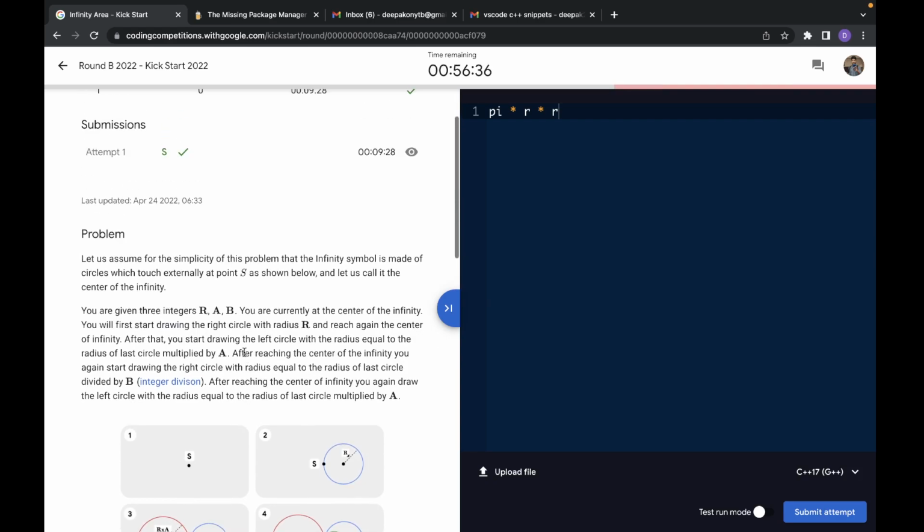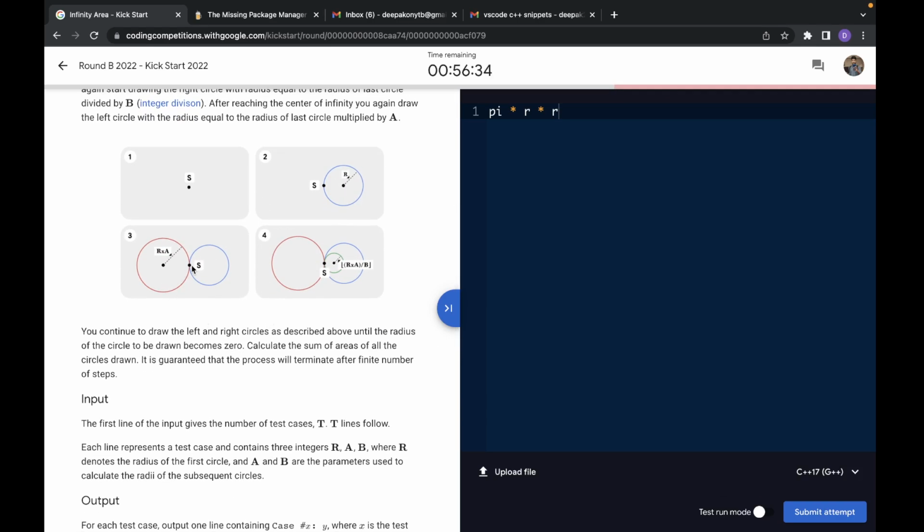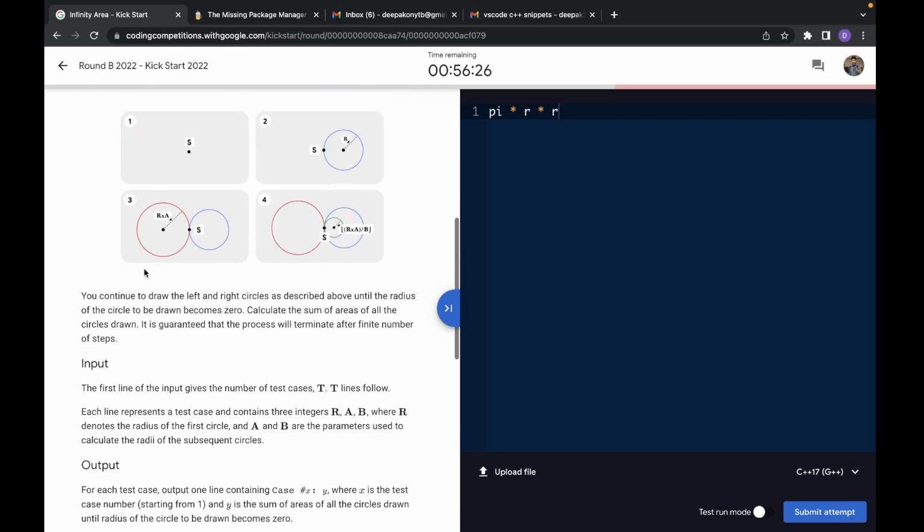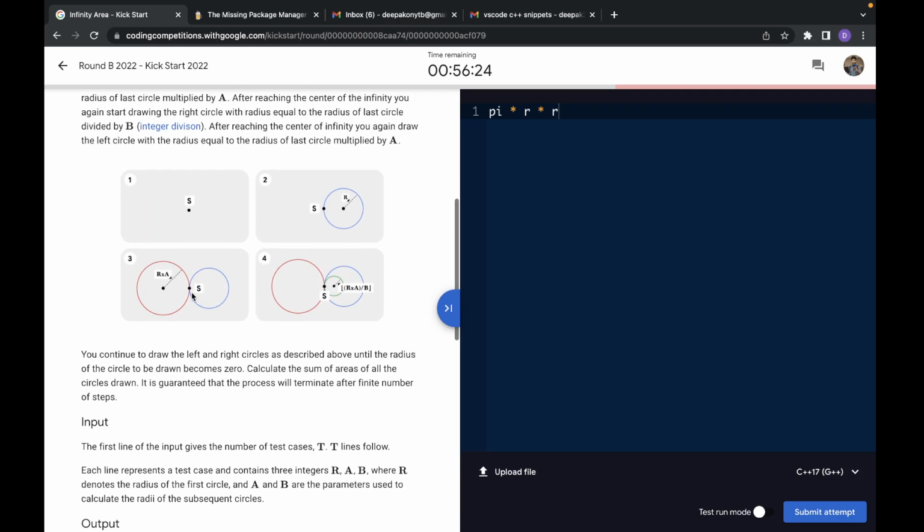So in the first problem, you are given initially a point, and in your input you're given three variables R, A, and B. What you have to do is draw a circle of radius R on the right, and then you draw a circle on the left, but the radius would be your previous radius times A. Your previous was R, so this would be R times A, right?